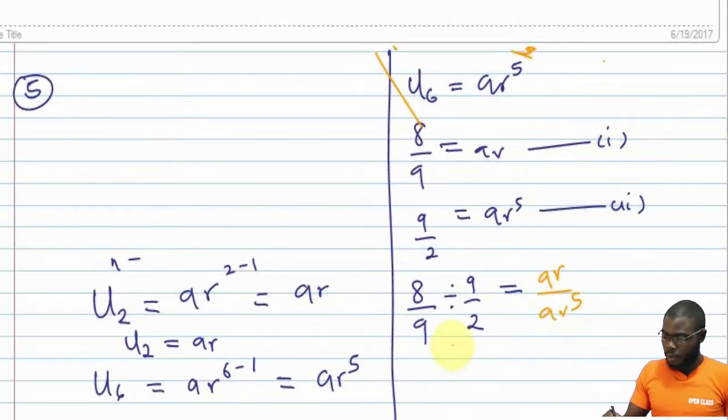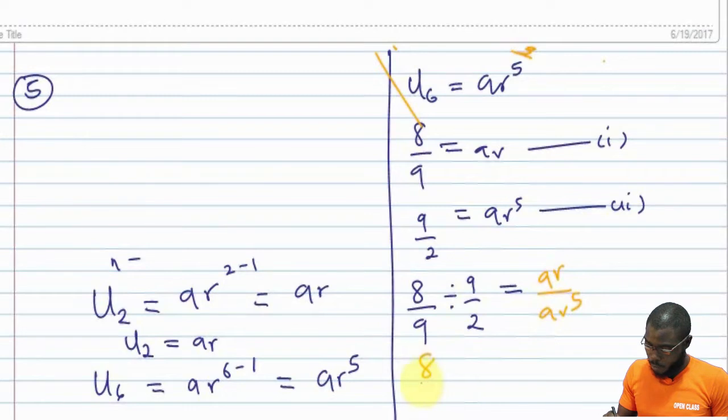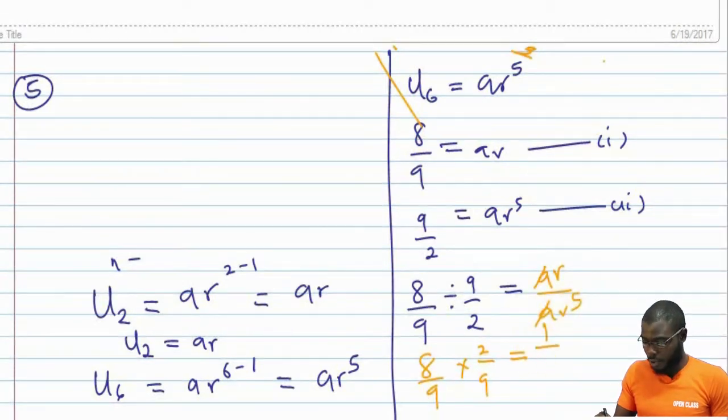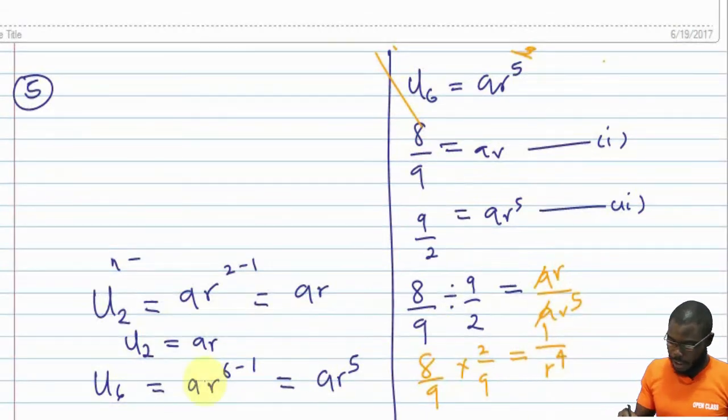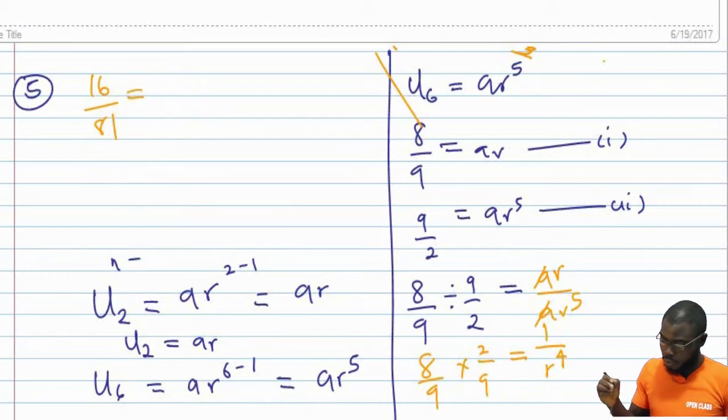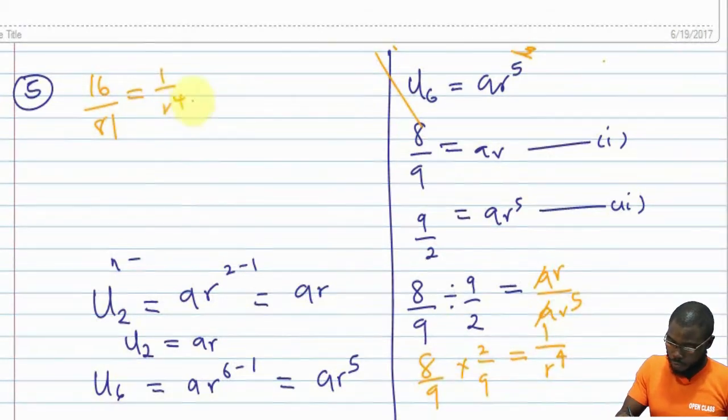This is the same thing as 8 over 9 times 2 over 9. The A cancels the A, and R takes one of these, so we have 1 over R to the power of 4. So this is the same thing as 8 times 2, 16, all over 9 times 9, 81, equals 1 over R to the power of 4.